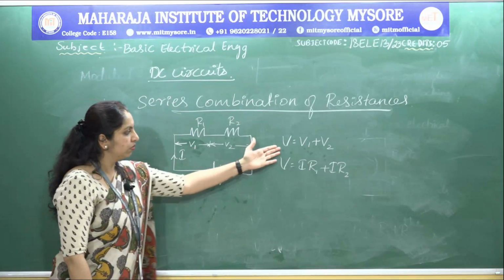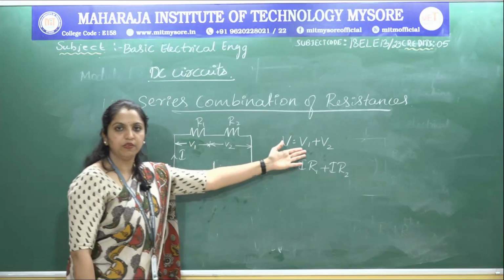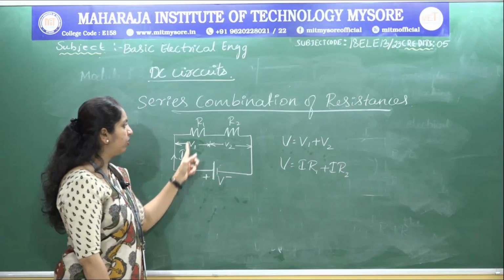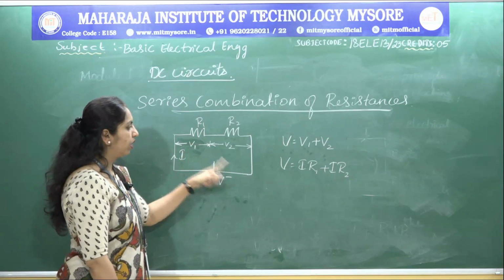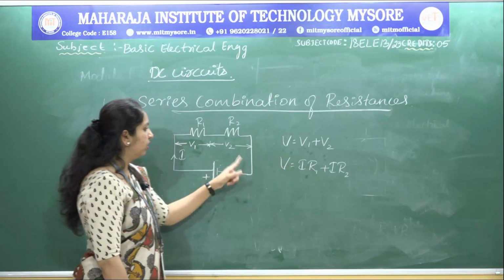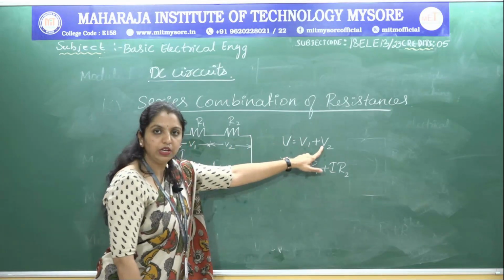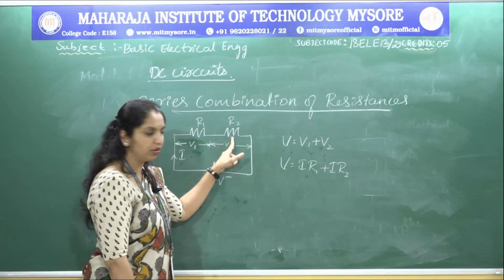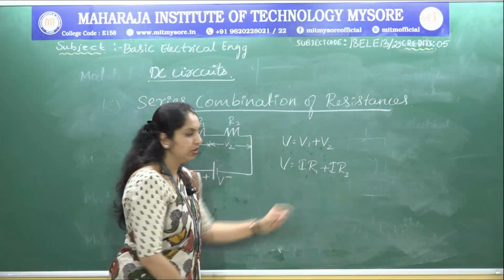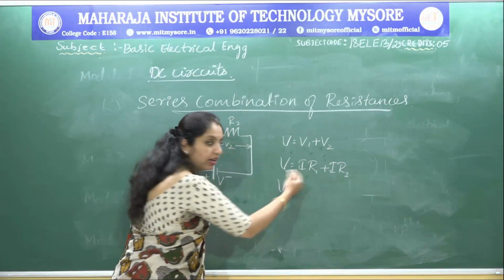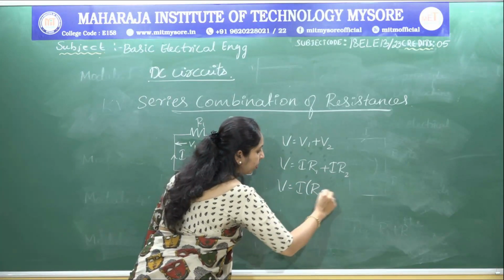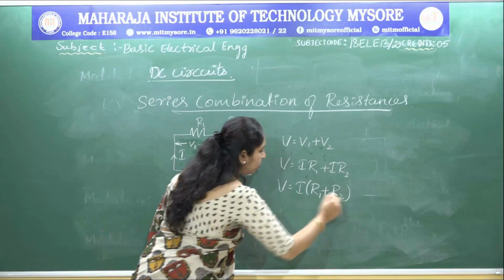Now here V is equal to V1 plus V2. So what is V1? V1 is equal to I into R1. Then what is V2? V2 is nothing but I into R2, because the same current flows through R2. Now we can write, take I common, so I into R1 plus R2.